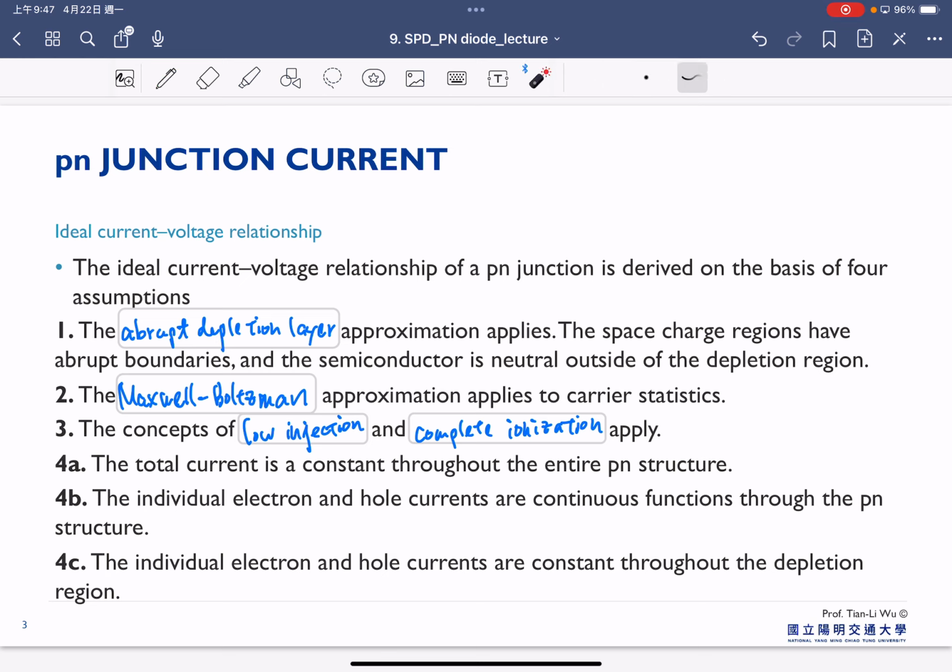So the concepts of low injection and complete ionization are applied to simplify the case here. And the total current is constant throughout the entire PN junction. So the individual electron and hole currents are continuous functions throughout the PN junction. And also the individual electron and hole currents are constant throughout the depletion region as well.